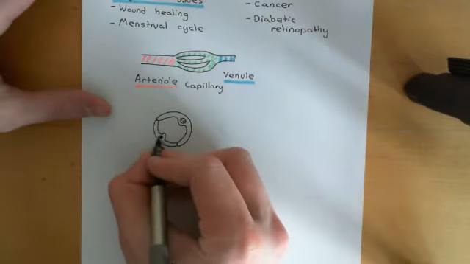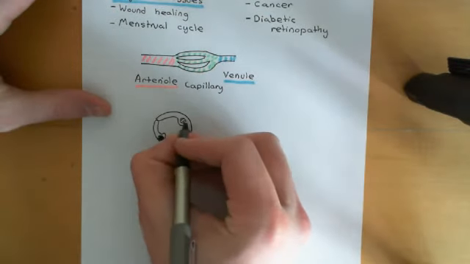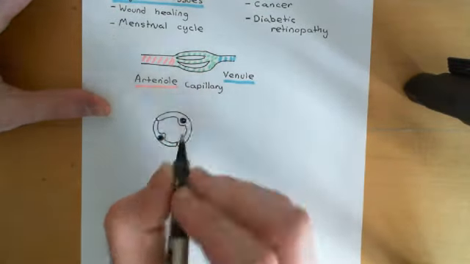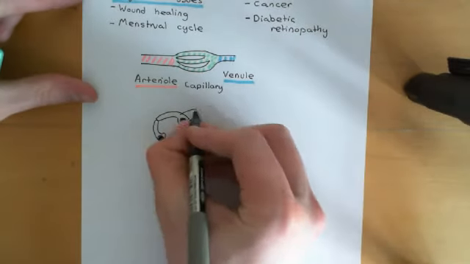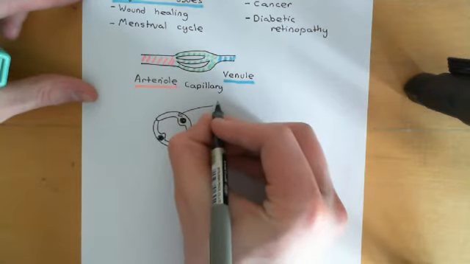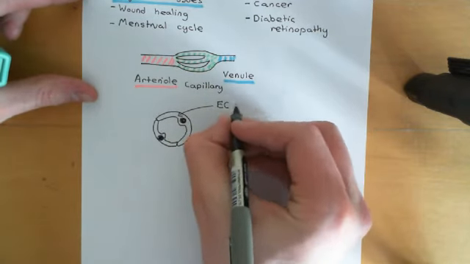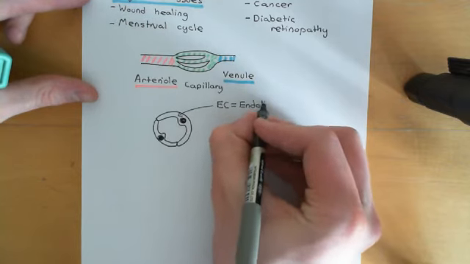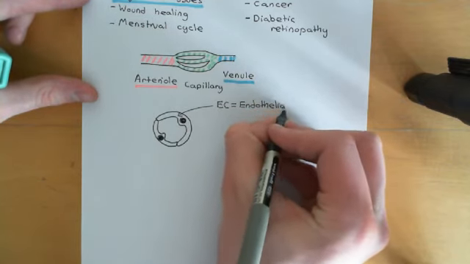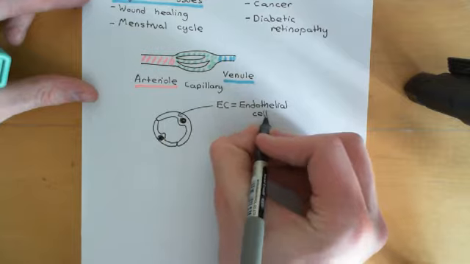And these are their nuclei, and I'm not sure why this one's nucleus ended up so much smaller than that one's. Right, so those are the endothelial cells, and I will abbreviate endothelial cell continuously down in this video just to EC. But I suppose I should write it out in full at least once. So E stands for endothelial, and the C stands for cell.